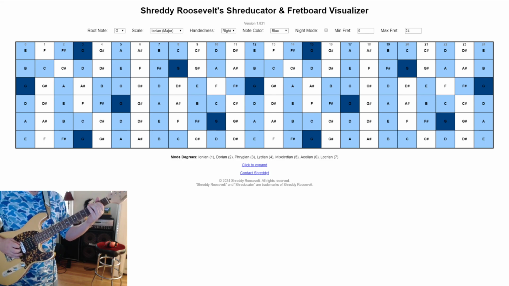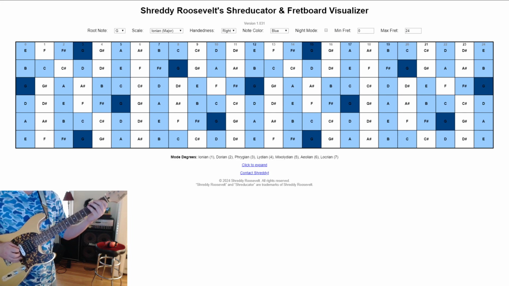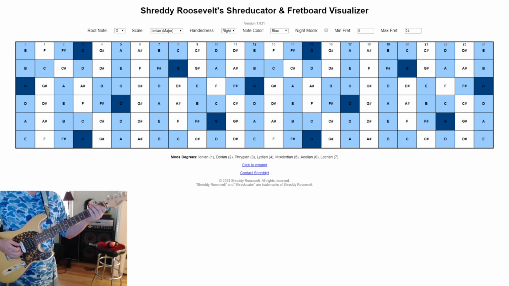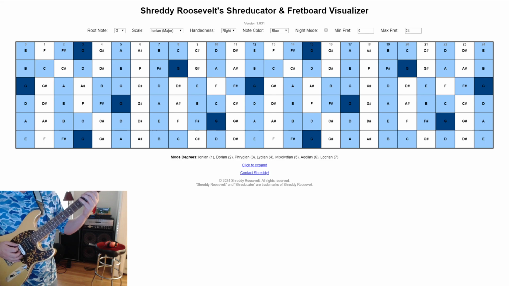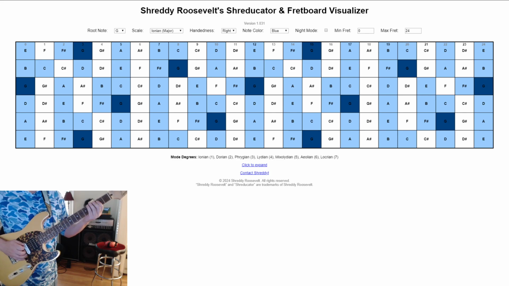Well, this here is a major third, which means that this is a minor third, which we'll cover later. So, well, we can cover it now. So essentially, like let's go to A minor.